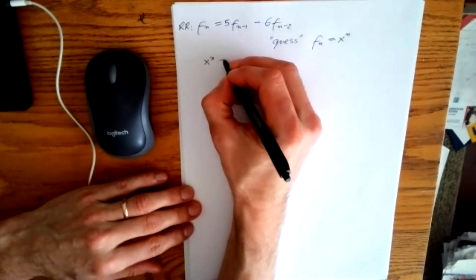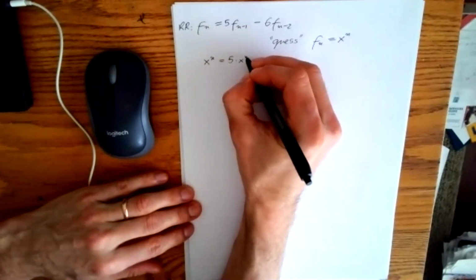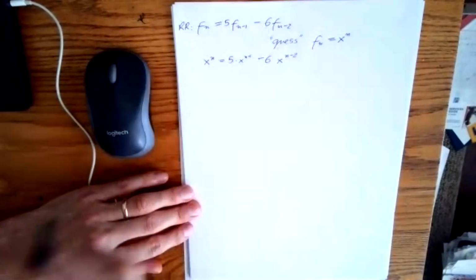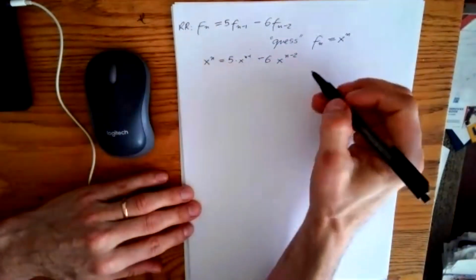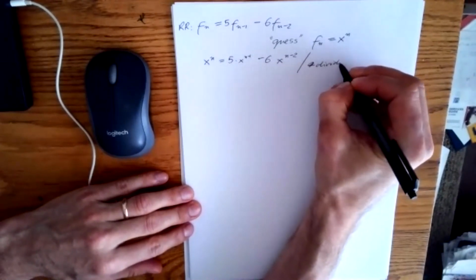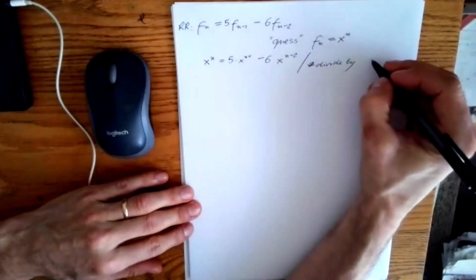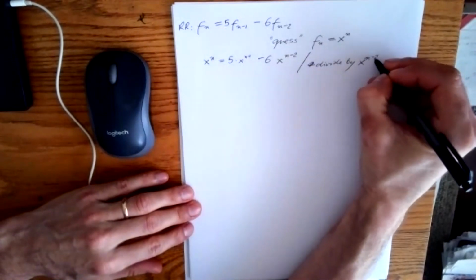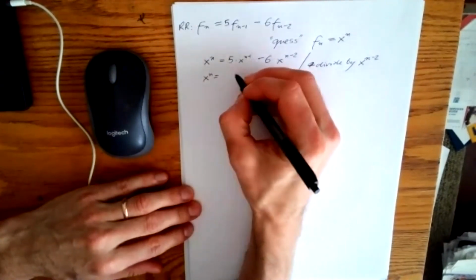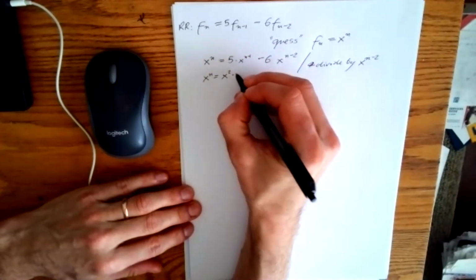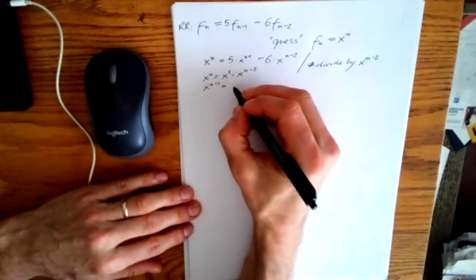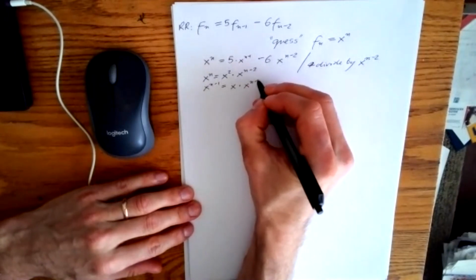So if I do, I get x to the n minus 1, right? Minus 6 x to the n minus 2. And I don't like it, so I divide by the greatest common term, which is this. And what I was saying before is that x to the n is x squared times this thing, and x to the n minus 1 is x times this thing.